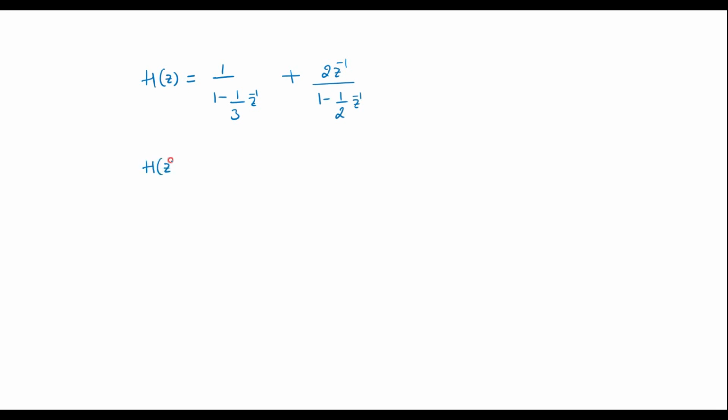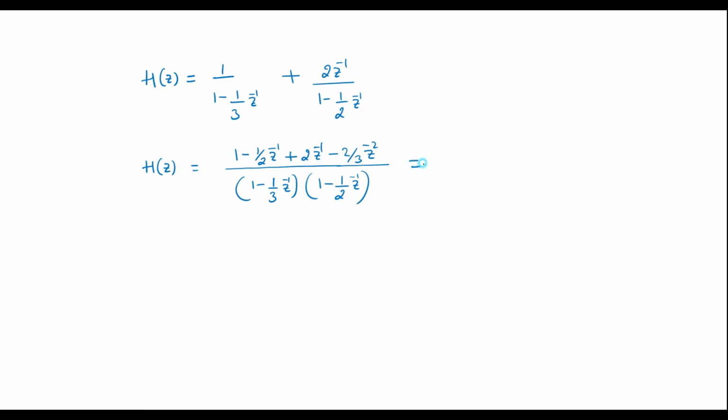I will simplify this. H of z is equal to, taking the LCM, the denominator is (1 minus 1 over 3 z inverse) times (1 minus 1 by 2 z inverse). The numerator is 1 minus 1 by 2 z inverse plus 2 z inverse minus 2 by 3 z inverse into z inverse, that is z power minus 2.